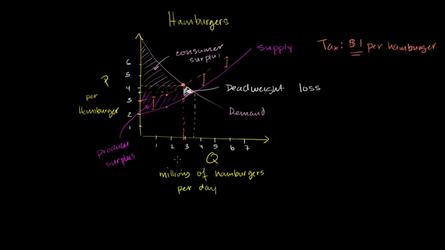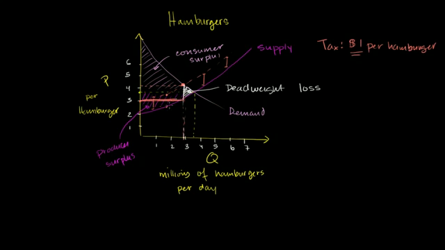And how much revenue is the government going to get now? Well, if we assume that this is 3 million, they're going to have 3 million burgers times $1 per burger. So this length right over here is going to be the area of this rectangle that I'm doing in orange.